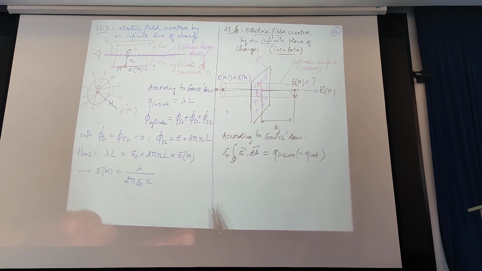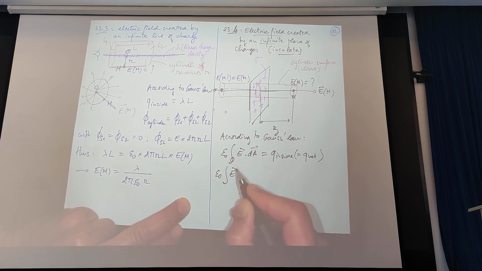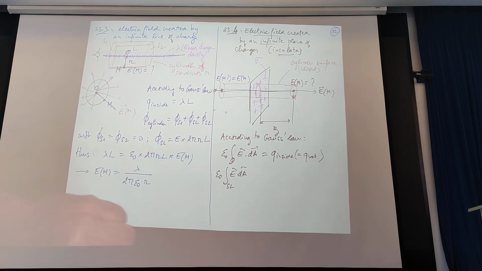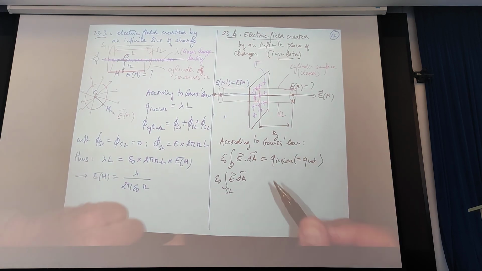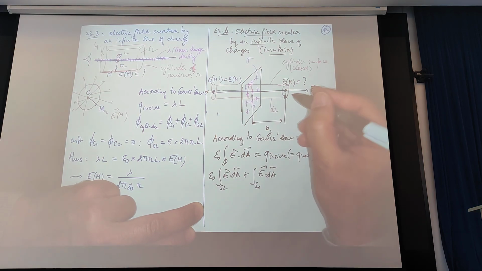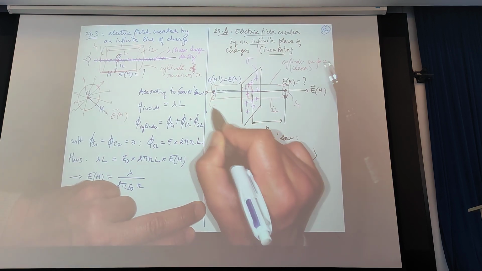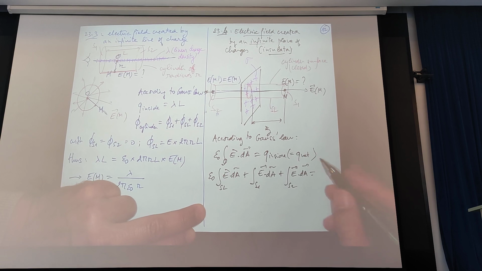This is the flux through the lateral surface, plus the flux through S1, which is here, plus the flux through S2, which is here, and is equal to Q inside.